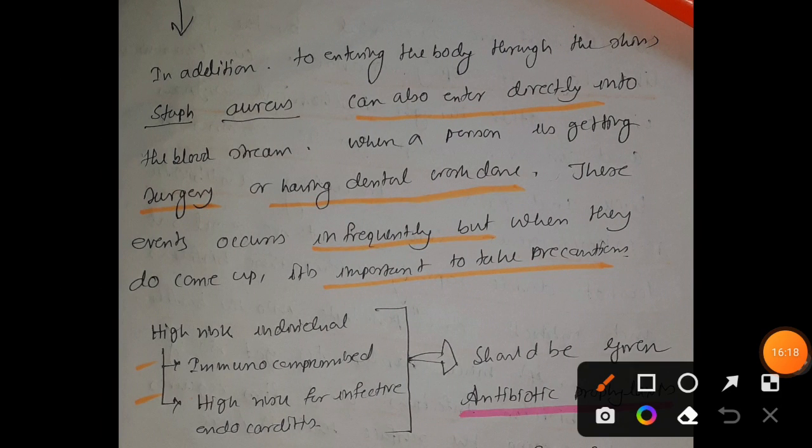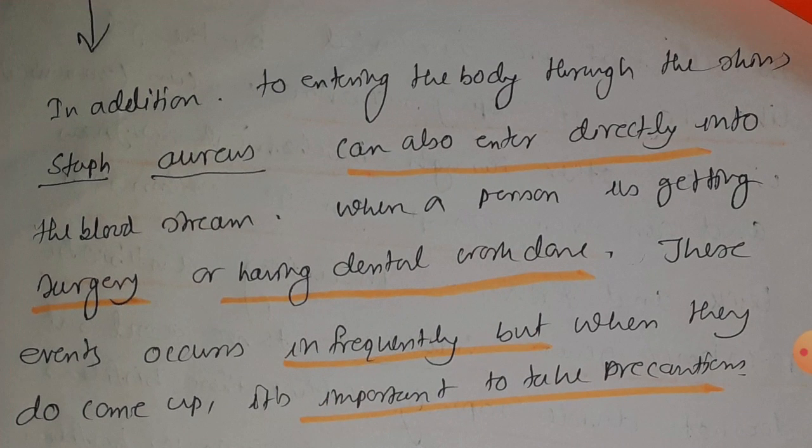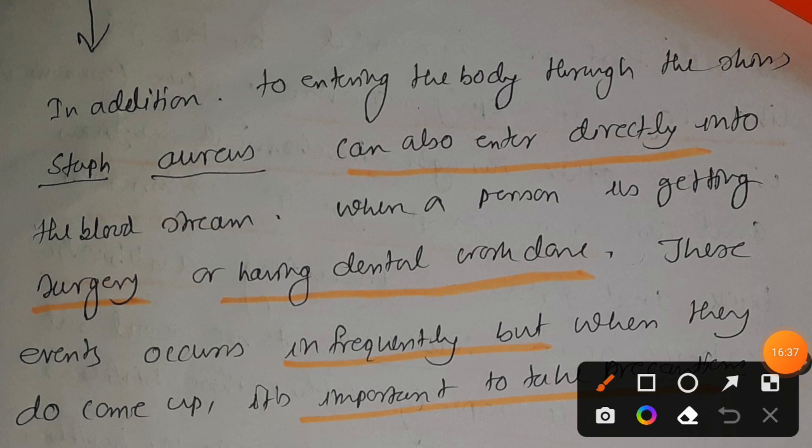So up to that part we have discussed only one pathway, that is Staphylococcus aureus entering through the skin, and then after causing severe infection it can transfer to the blood. There is another pathway where Staphylococcus aureus can enter directly into the bloodstream, for example when a person is getting surgery or having dental work done.